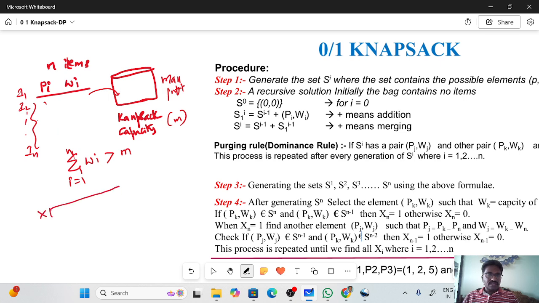The solution vector size is the given number of items, n. If the first item is placed into the knapsack, its solution vector value is 1. If the first item is not placed into the knapsack, its solution vector value is 0.